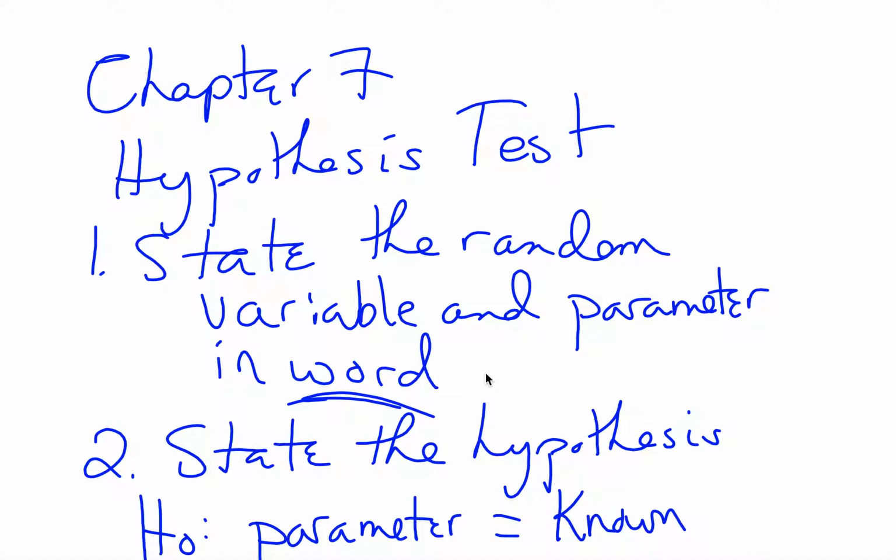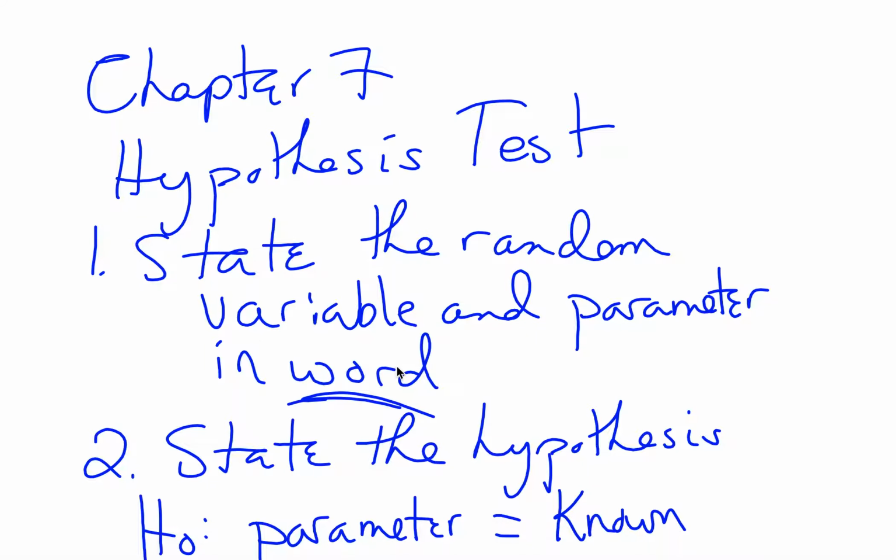So you would say my random variable is the number of people who do this, whatever this is, and your parameter would be p is the proportion of the people who do whatever this is. If your random variable is something like measuring the height of people, then your parameter would be mu, which is the symbol for mean, and that would be the mean of the height of people. So again, these are just examples.